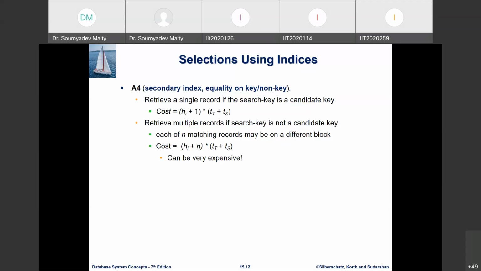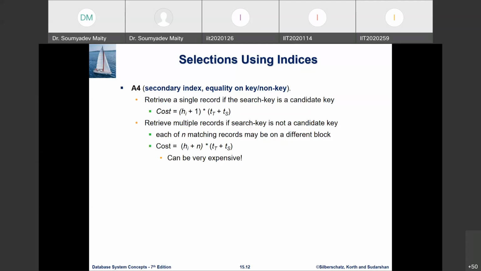So still you will get the pointer to the record with the same cost, Hi into Tt plus Ts. Once you reach the leaf node, scanning the B plus tree for that condition, you will get the record pointer. So the cost is Hi into Tt plus Ts, and then you retrieve the record.